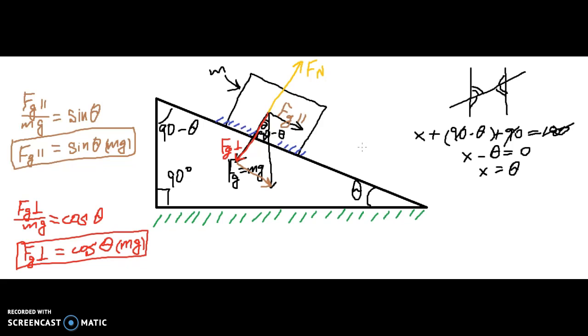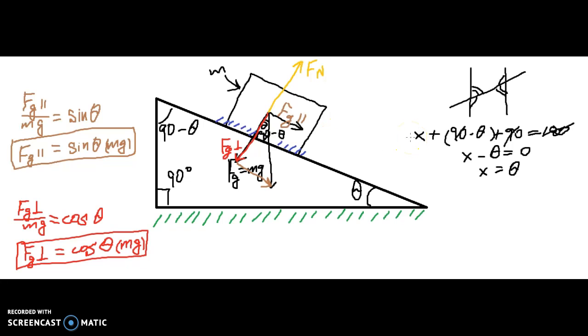It depends on how much force you apply to the object from this side. But if you just put the object, like let's imagine you drop it from the top somewhere, or you just put it gently on the plane, it will not move if the friction force is greater than the vector of the force of gravity parallel to the inclined plane.